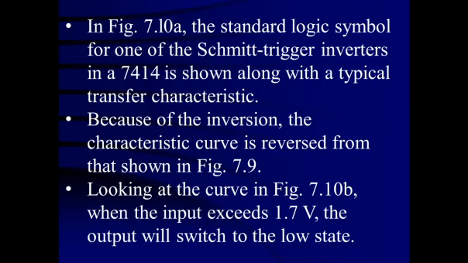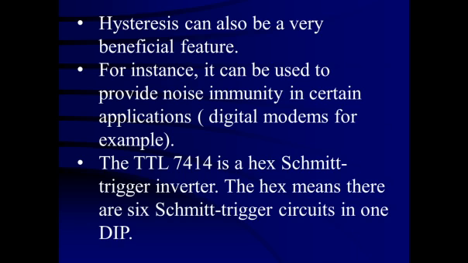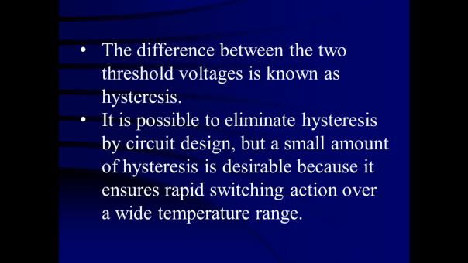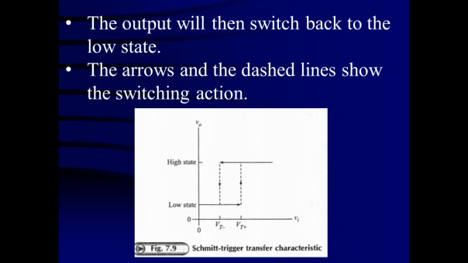7414 is a Schmitt trigger inverter. That means the output is the complement of the input. Output is not the same as the input. In the previous circuit, the previous transfer characteristic, you can see that the input is low and initially the output is also low.